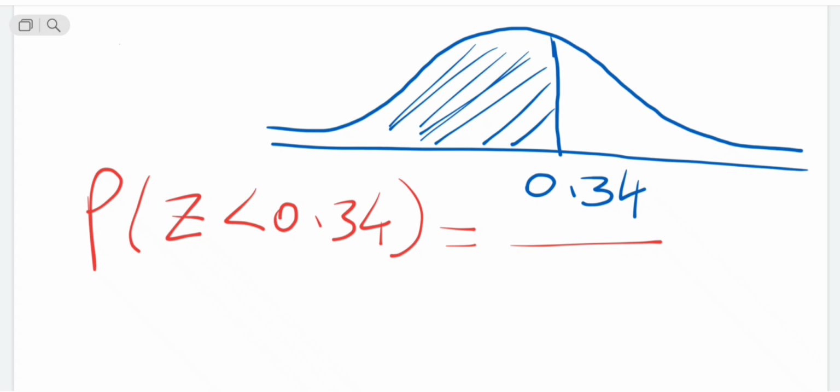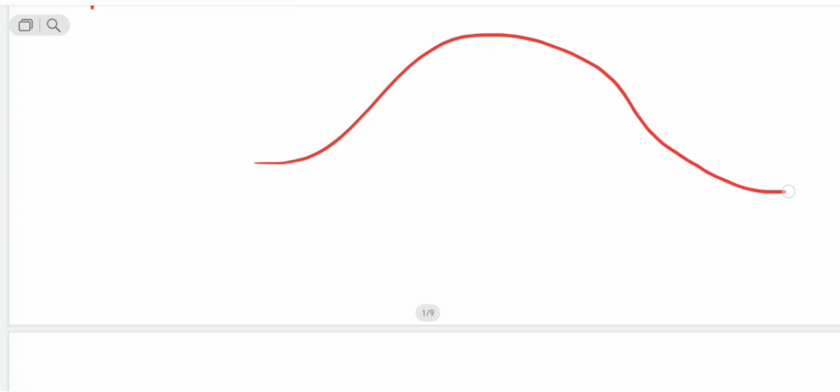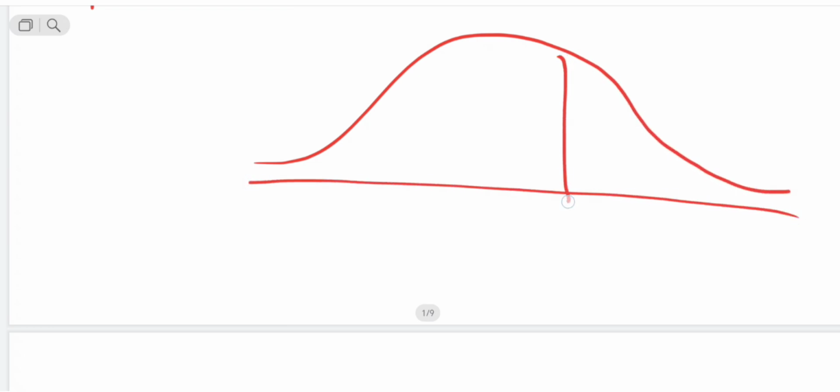Clear? The second thing, if the probability distribution is given like that, they are asking you to find the area of the shaded part.